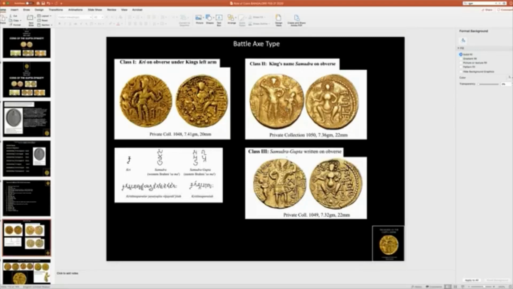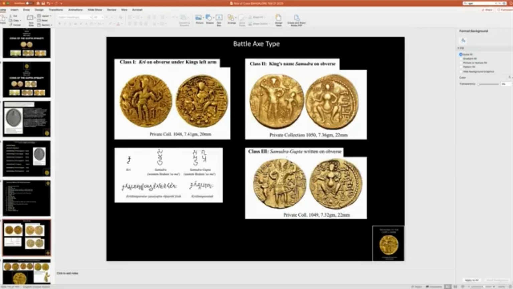Now, of course, remember, Gupta kings always called themselves Param Bhagwat, a Vaishnavite title. But here he's holding a Shaivite symbol. So this is important to understand that back in those days, 4th, 5th century AD, the kings were equally open to all forms of worship.